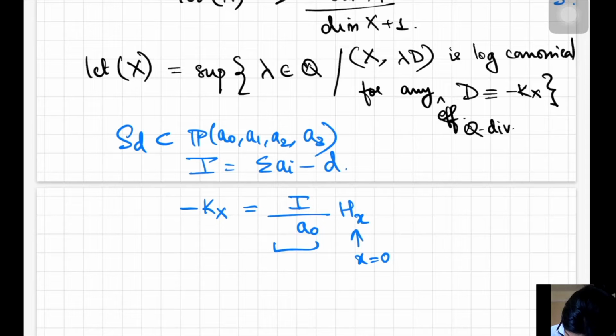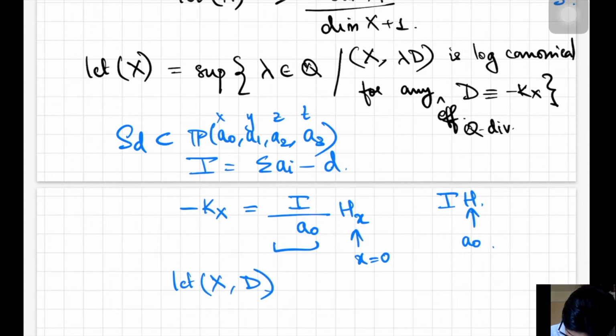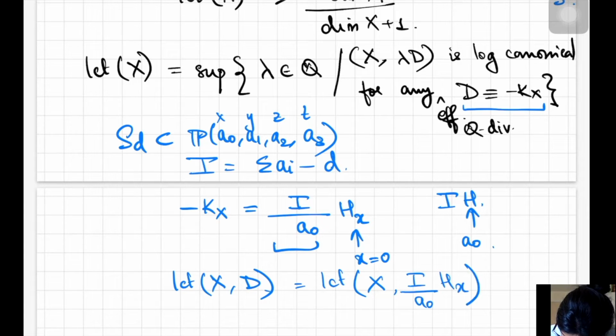The reason this is true is that it's I times a hyperplane, but the hyperplane has weight a0, so it's the same as saying I over a0 times the hyperplane given by x equals 0, if this was my x, y, z, t. When I look at LCT of (X, D), where D is anything numerically equal to minus K, I'm looking at something of the form I over a0 H_x.